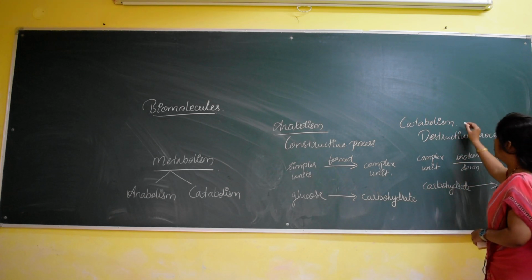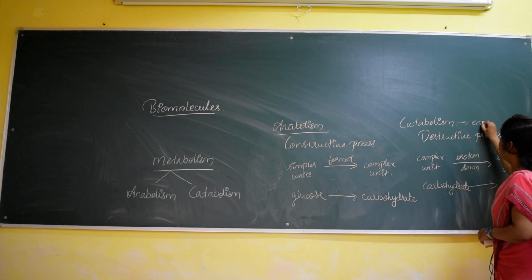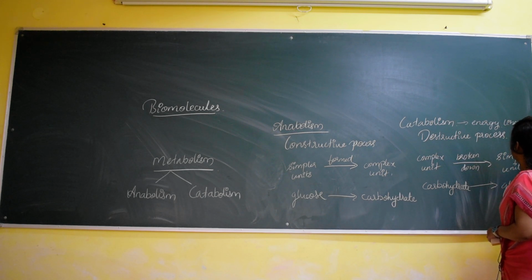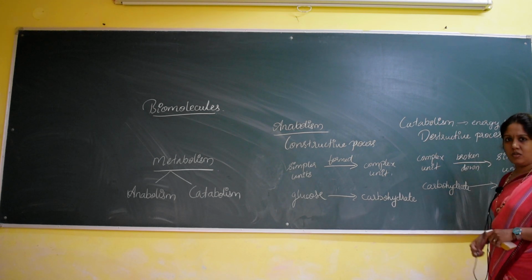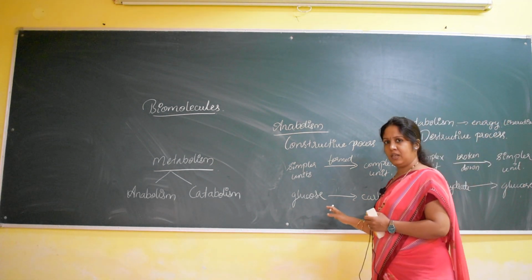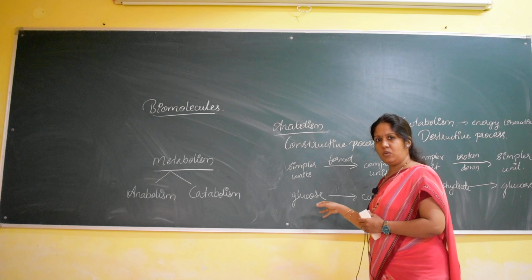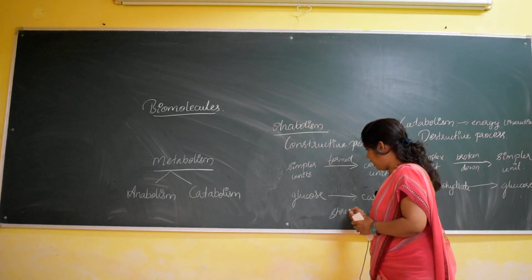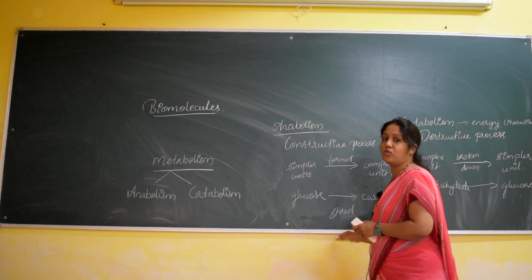Hence catabolism is an energy liberating system. Understood? Hence energy is produced. But here, the glucose energy will be stored in the form of carbohydrate. Hence it is involved in storage.